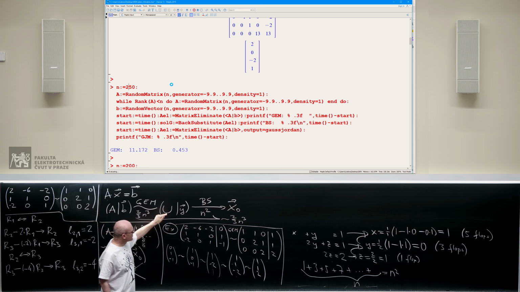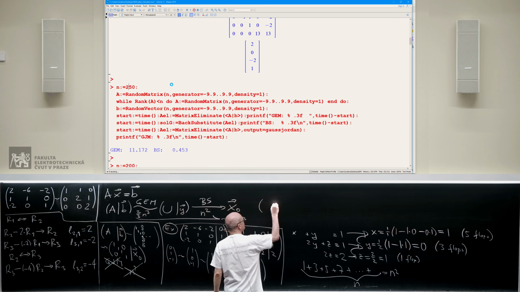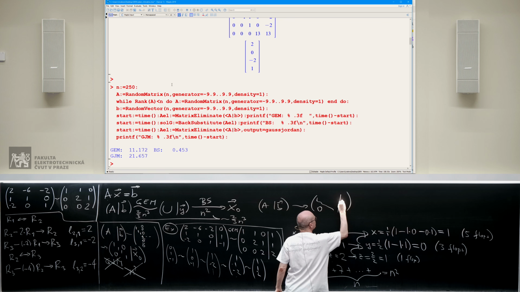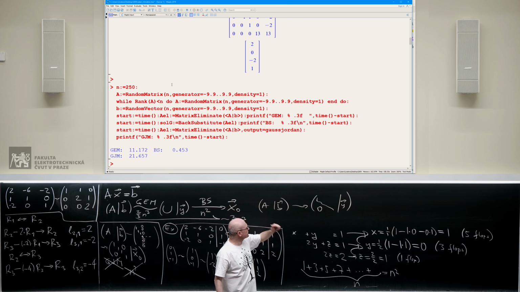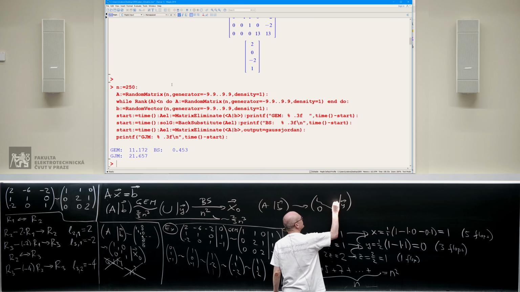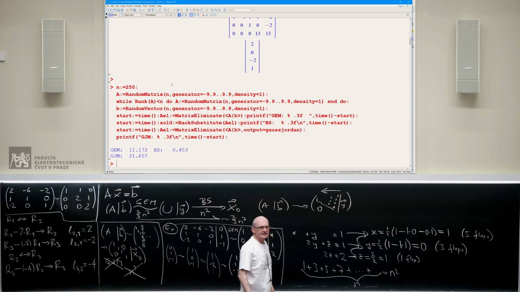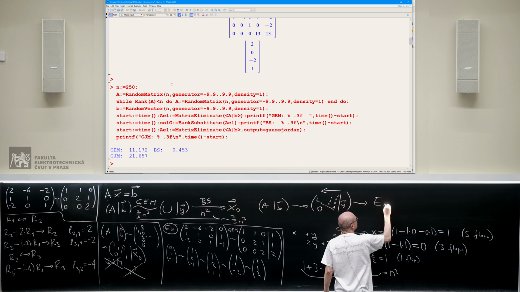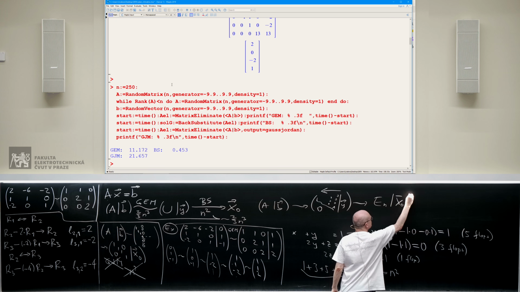And after you obtain it, you can now start creating ones on the diagonal and zeros above them, but you go from the back. So you create 1 and zeros, 1 and zeros, and you go backwards like that. And eventually you end up with identity matrix and the actual solution.